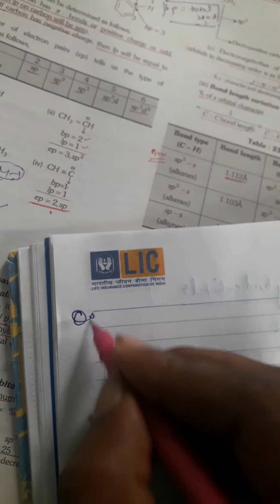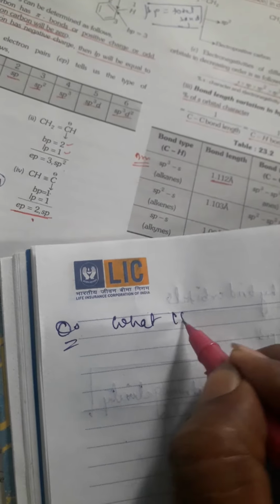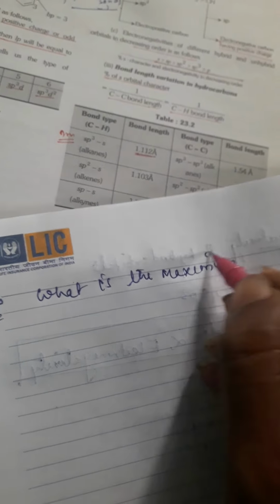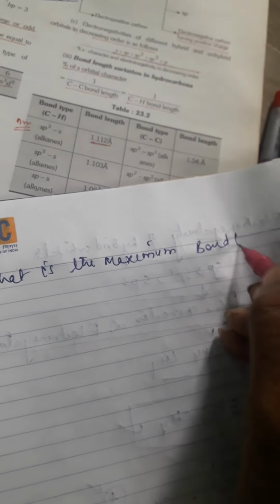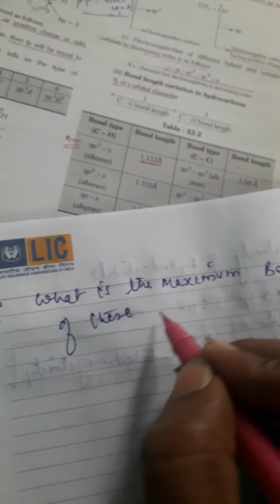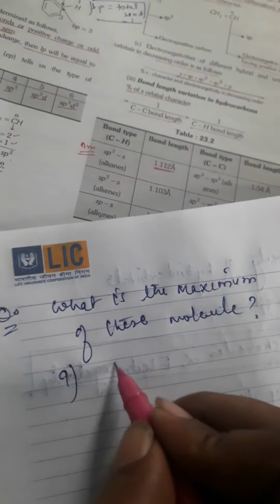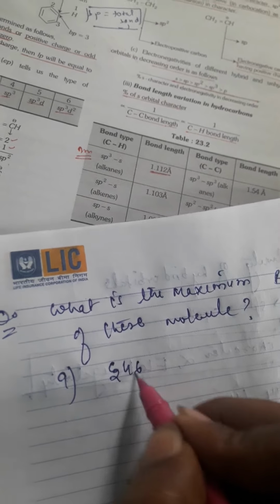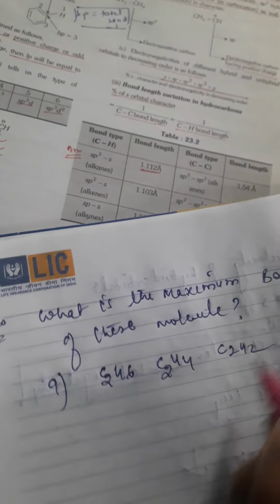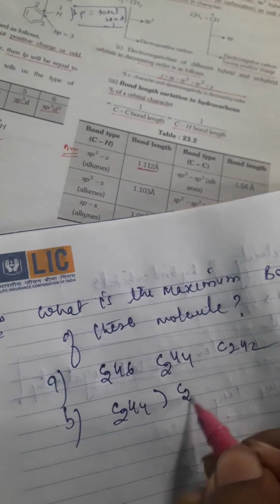The question can also arise like this: what is the maximum bond length of these molecules? Suppose the options may be C2H6, then C2H4, C2H2. Again it can be asked like that: C2H4, C2H6.